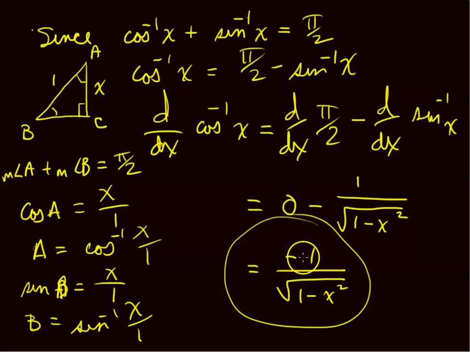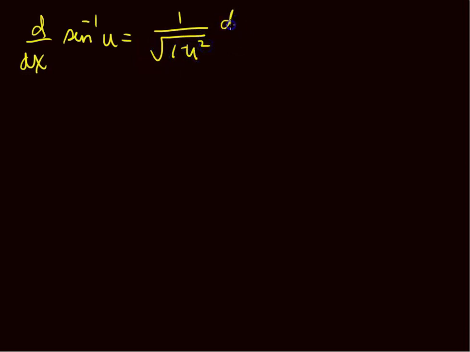Suppose it's going to work for the others? You betcha. So let me see if we can write these on one page, if it'll fit. The derivative with respect to x of the sine inverse of u is 1 over the square root of 1 minus u squared du dx.